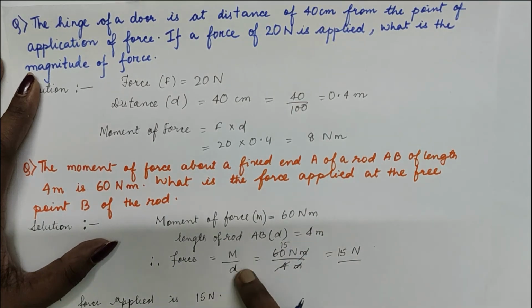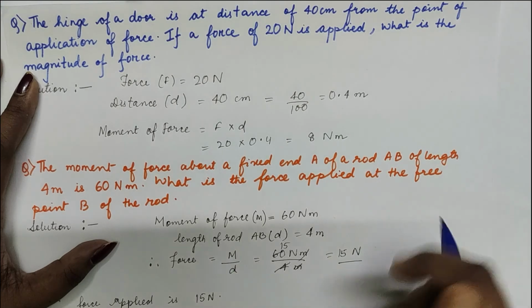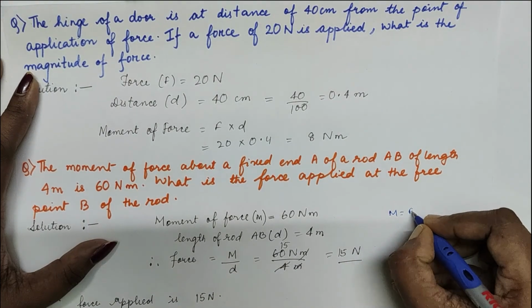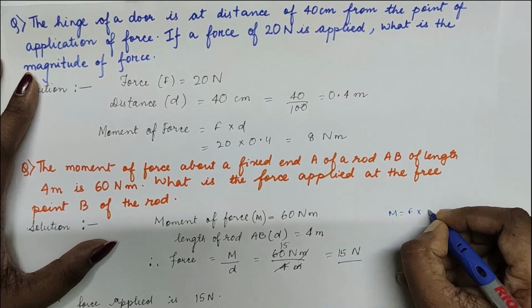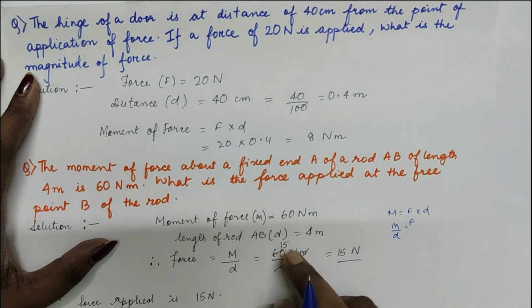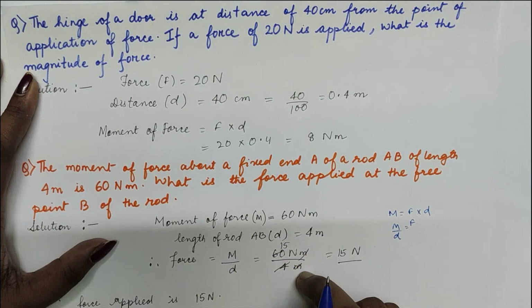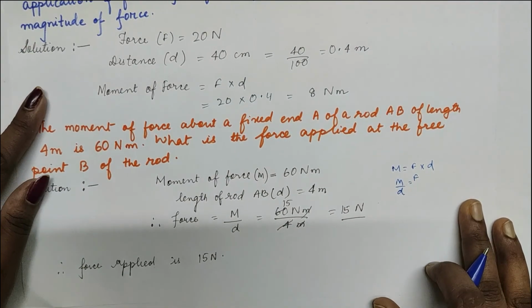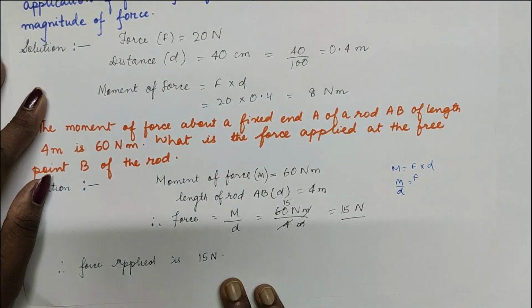Since M equals F into D, F will be M by D. So that is 60 Newton meter divided by 4 meter, which results in 15 Newton. So we can say that the force applied is 15 Newton.